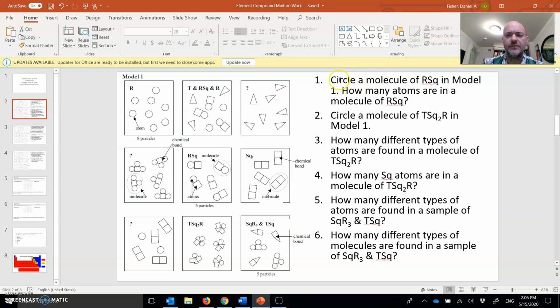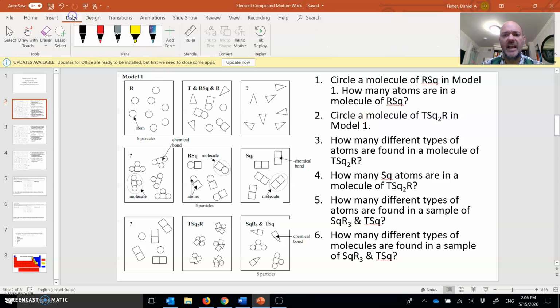All right, so the first question here: circle a model of RSQ in Model 1, and how many atoms are in a molecule of RSQ. Well, here I've got RSQ right here, right? So I can think about that and look and say, okay, I've got atoms and I've got a molecule.